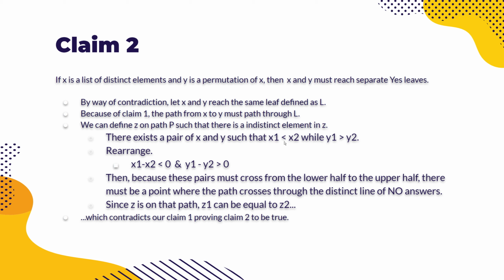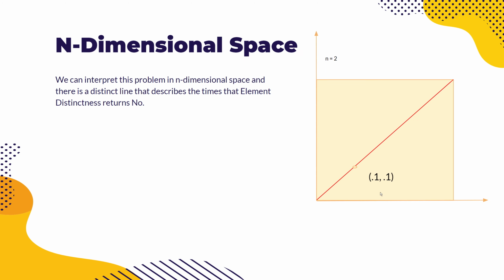Then, since it's a different permutation, this will be 2 and this will be 1. And it's just a very simple permutation. Then we can rearrange this so that this is true. And since this is true, this can be defined as the lower half of that no line that we defined earlier. So x1 minus x2 will be down here, and y1 minus y2 will be up here.